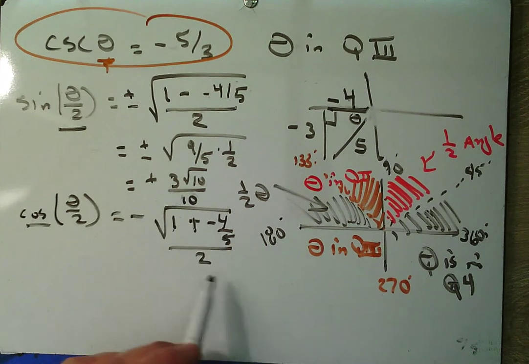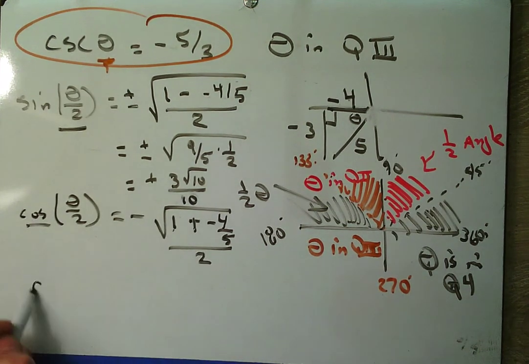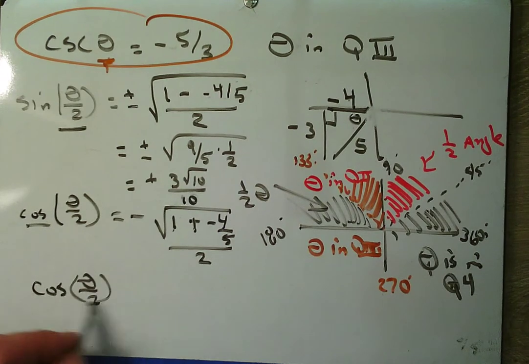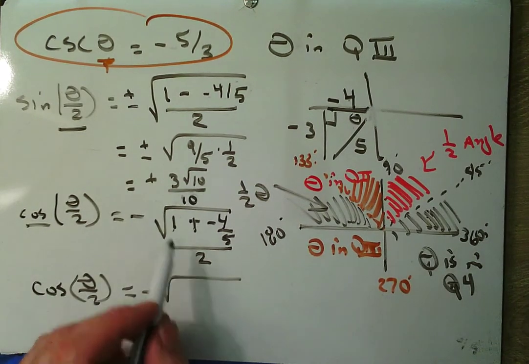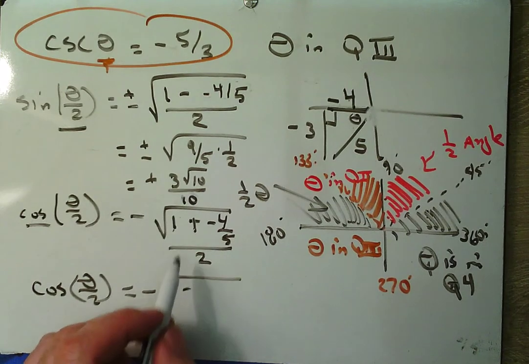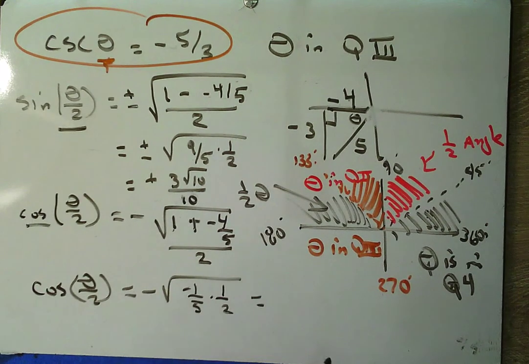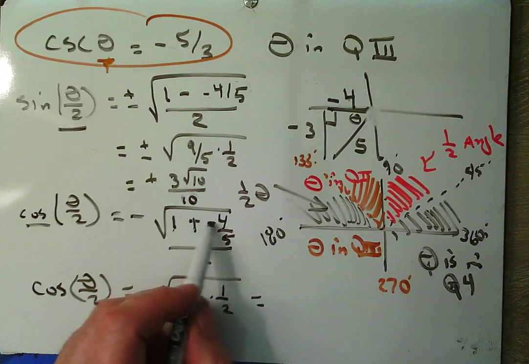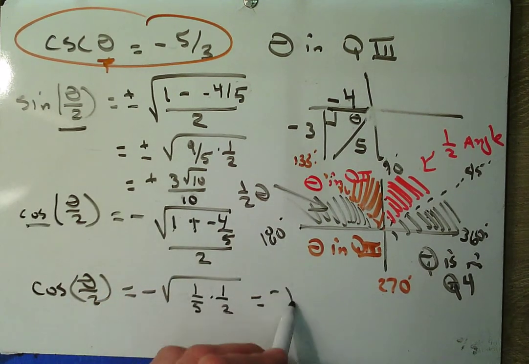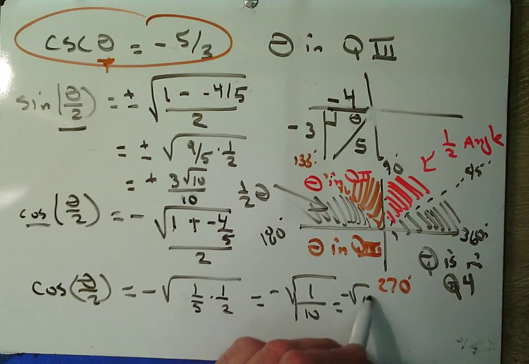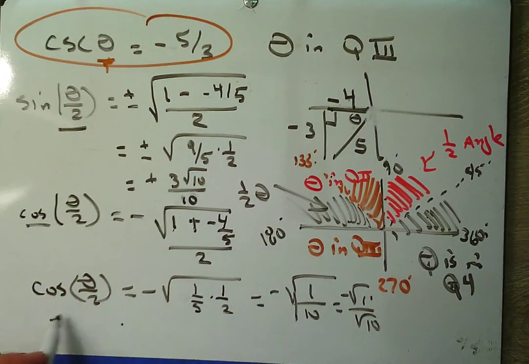So 1 plus negative 4 over 5, over 2. And we get cosine theta over 2 equals negative square root of 1/5 times 1 over 2. 5/5 minus 4/5 is 1/5. And we get negative square root of 1 over 10. We rationalize, and we get negative root 10 over 10.